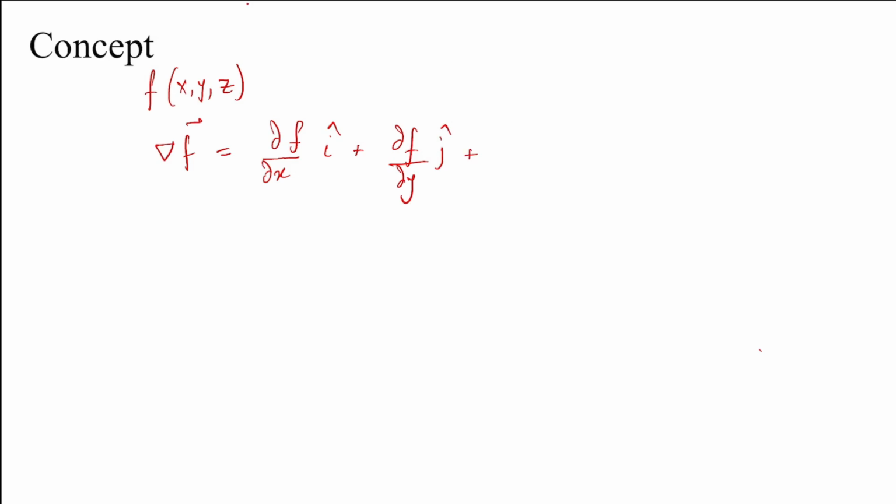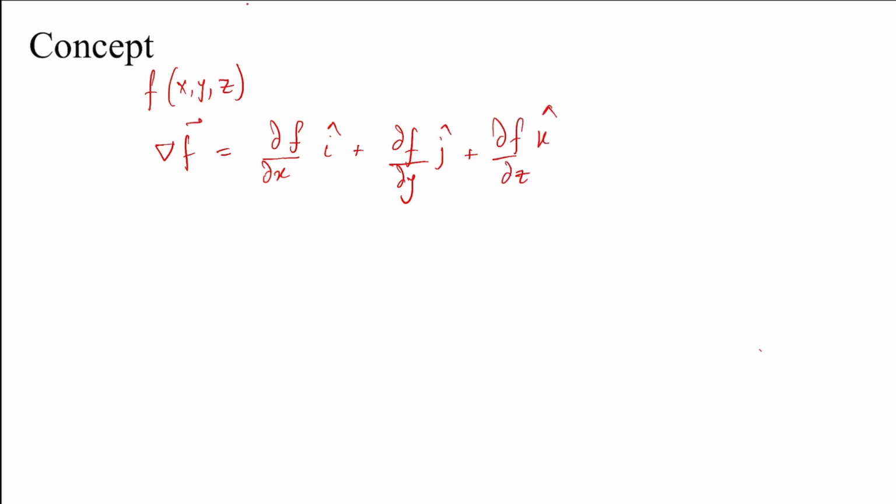Coming to the concept, for a function of x, y and z, if you want to determine the gradient of f, then what you need to do is dou x of f i cap plus dou y of f j cap, and dou z of f k cap.